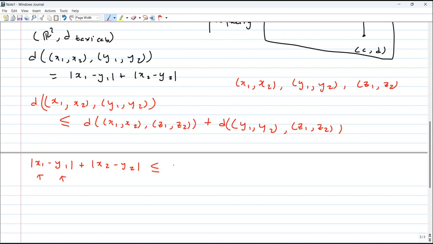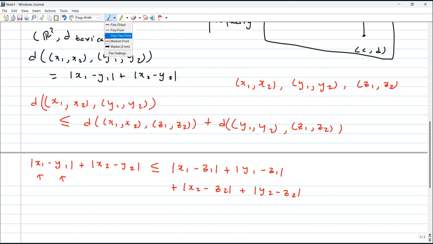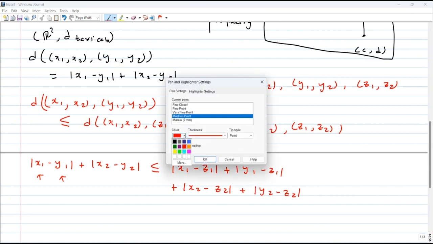The first one is less than or equal to |x1 minus z1| plus |y1 minus z1|, and the second one is less than or equal to |x2 minus z2| plus |y2 minus z2|. And then you just have a look at it, and you will see it very soon, don't you worry.